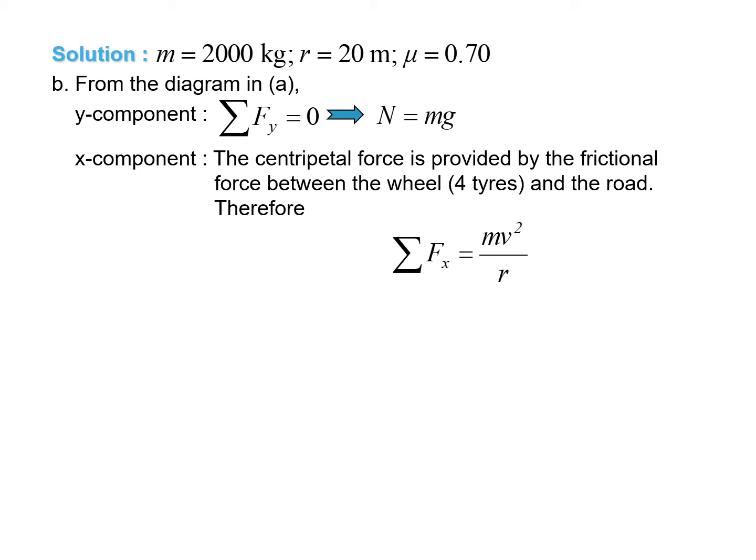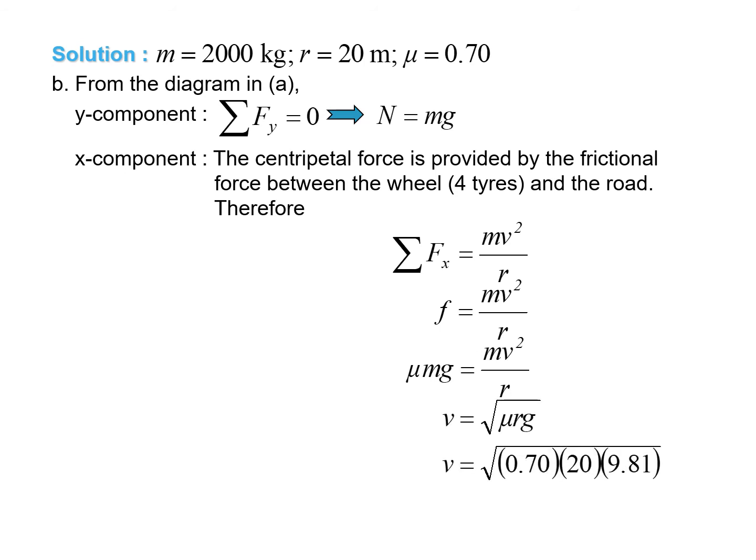If we expand the equation, we get mv squared over r. Since the only force acting in the x component is the frictional force, we can replace it in and determine the velocity, which is 11.7 meters per second. If the car makes a turn with a velocity higher than this value, the car will skid off the track.